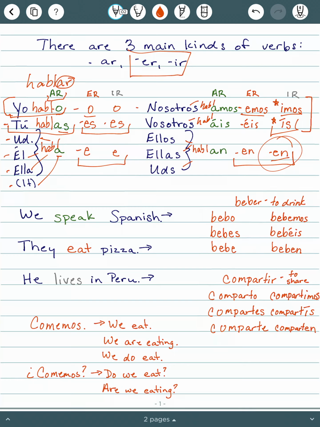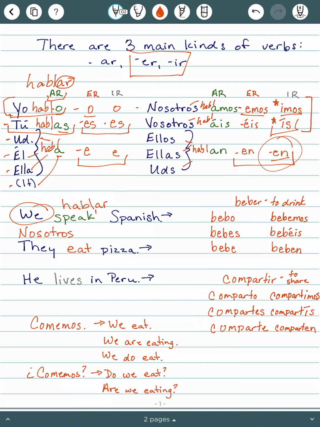So that's how regular ER verbs and regular IR verbs work. So let's take a look at a few examples here. So we speak Spanish. We is our subject. We is nosotros. And then to speak is hablar.